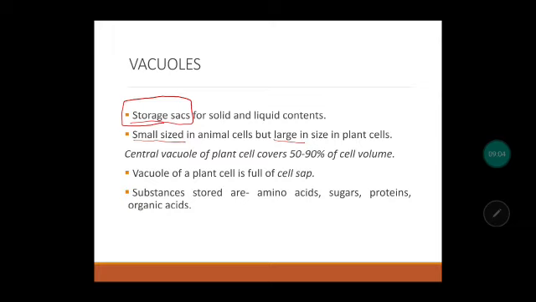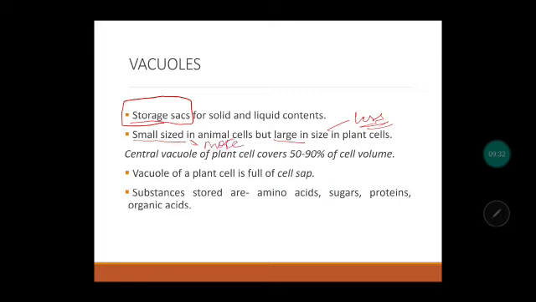In animal cells, because the vacuole is small in size, the number is more, and in plant cells the number is less, because the size of the vacuole is large in plant cells. So the number of vacuoles in plant cells is less, and in animal cells the number of vacuoles is more, but the size is small.